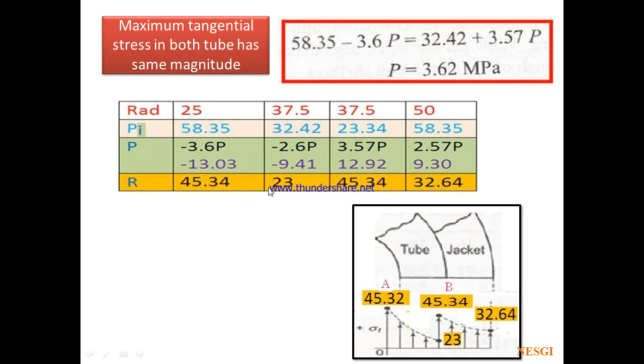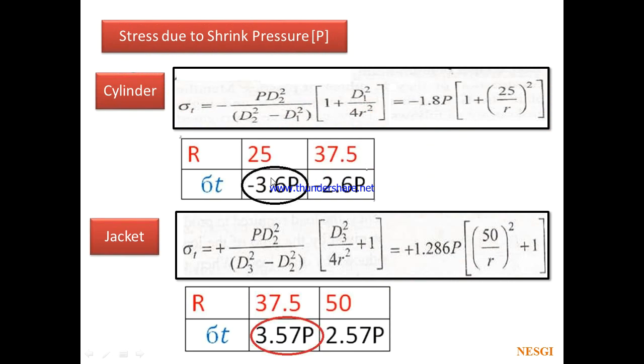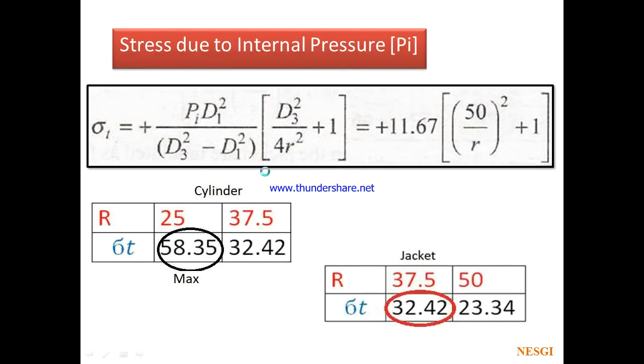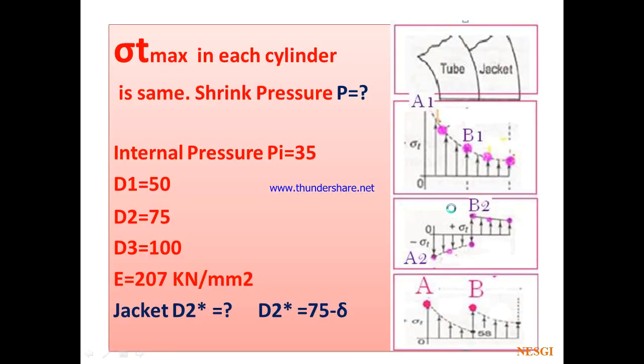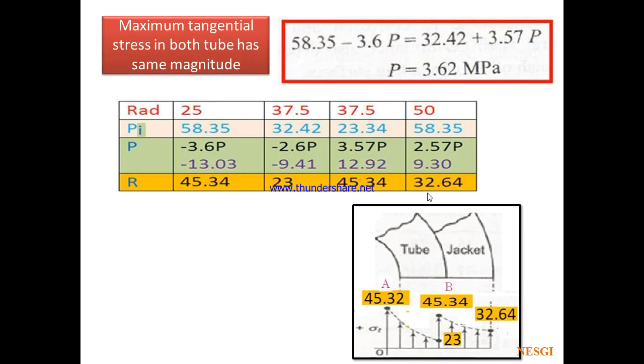Again, in the problem it is asked to draw the tangential stress distribution. Original dimensions also we need to find, and show the distribution of tangential stresses. So this is the tangential stresses because of internal pressure, and this is the tangential stresses because of the shrinkage pressure.